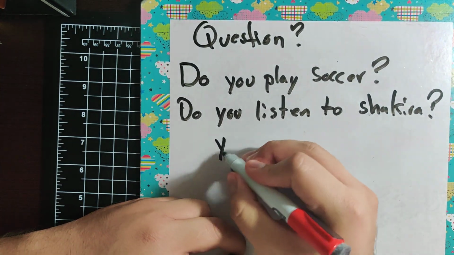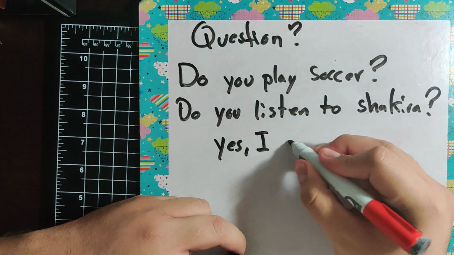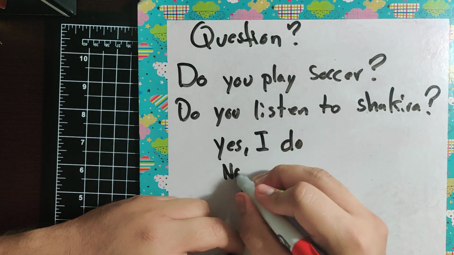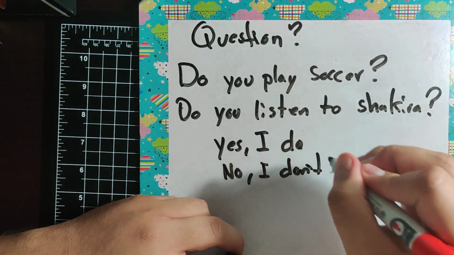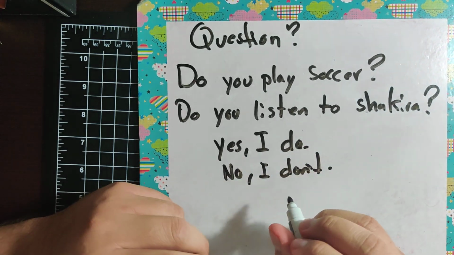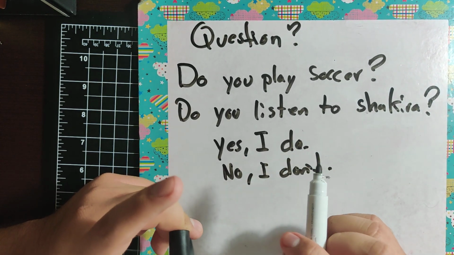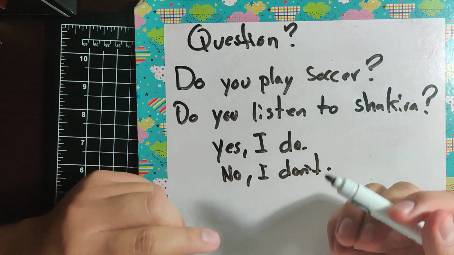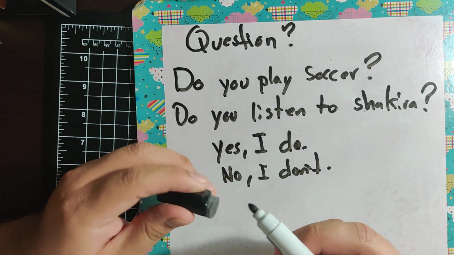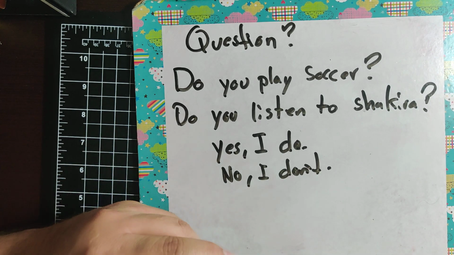And you just answer with, yes, I do. And no, I don't. Yes, I do. No, I don't. Now, it's fine que lo respondan así. Pero yo los invito a que respondan completo para que ustedes se puedan recordar de la estructura.